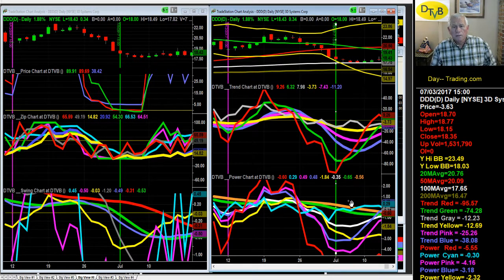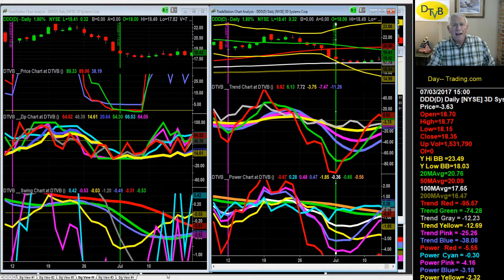The way to identify pullbacks and rallies is by watching trend red and green and zip red and power red and swing pink and swing Zion.